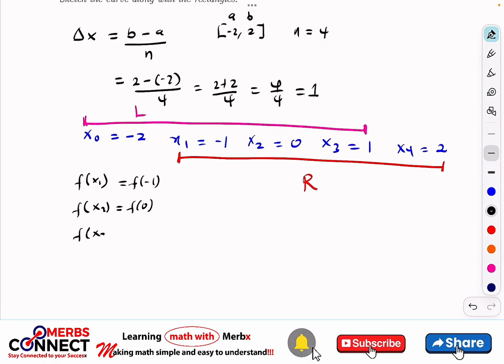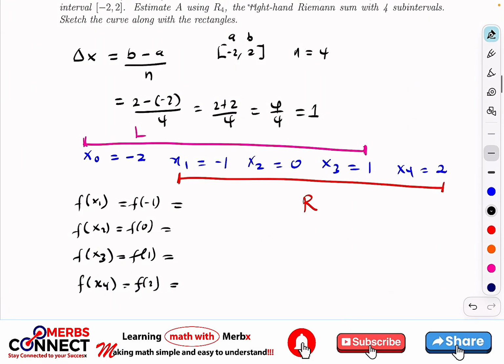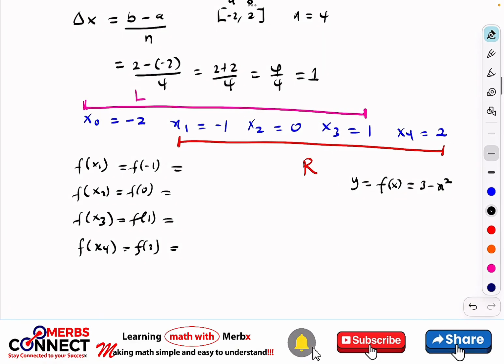We need f of x3, which is equal to f of 1. We need f of x4, which is equal to f of 2. So let's use the function given to us. The function given to us is y, which is the same as f of x, which is equal to 3 minus x squared.